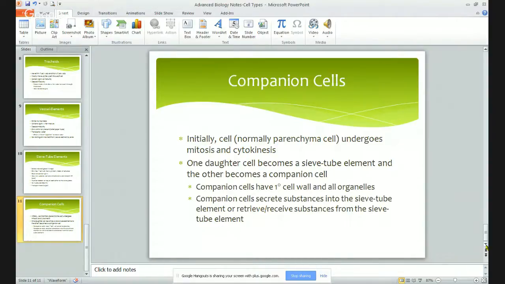So they'll go through nuclear division, and then they will split the cytoplasm. You'll get the plasmodesmata forming, the pectin layer there in between. And one side is going to become a sieve tube element. And then the other side becomes the companion cell.